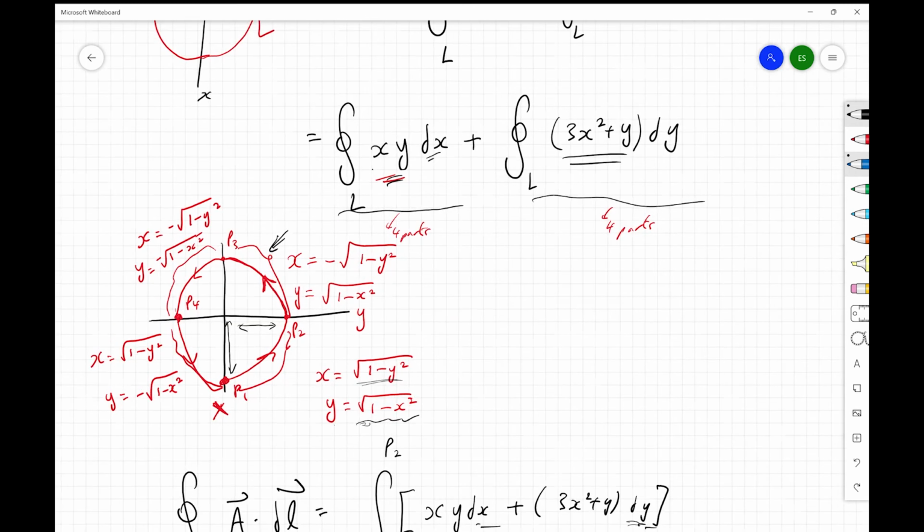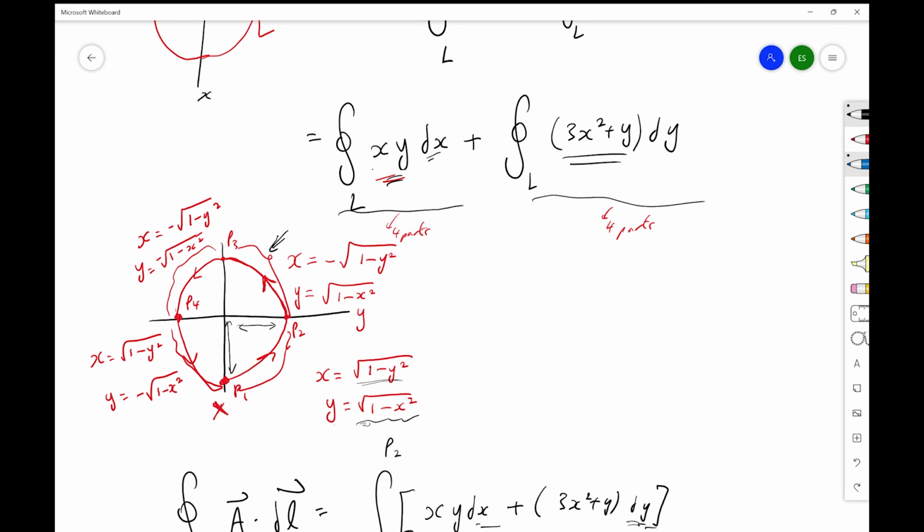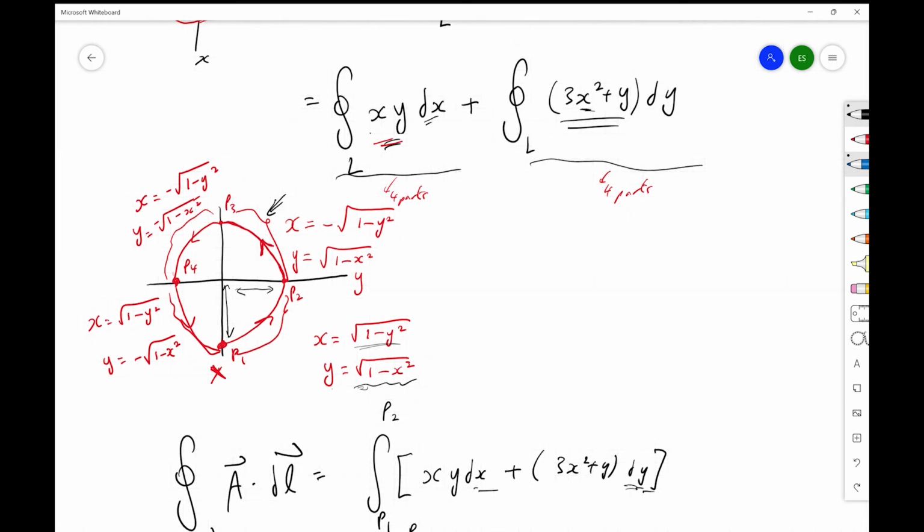But it doesn't matter, because x is squared, so it doesn't matter whether x has a minus sign or positive sign in front of the square root, because anyway in the second term here we square x, so it's going to be the same really. Only the limits of integration are going to be different, because here x now is varying from 0 to minus 1, and here y is varying from 1 to 0.